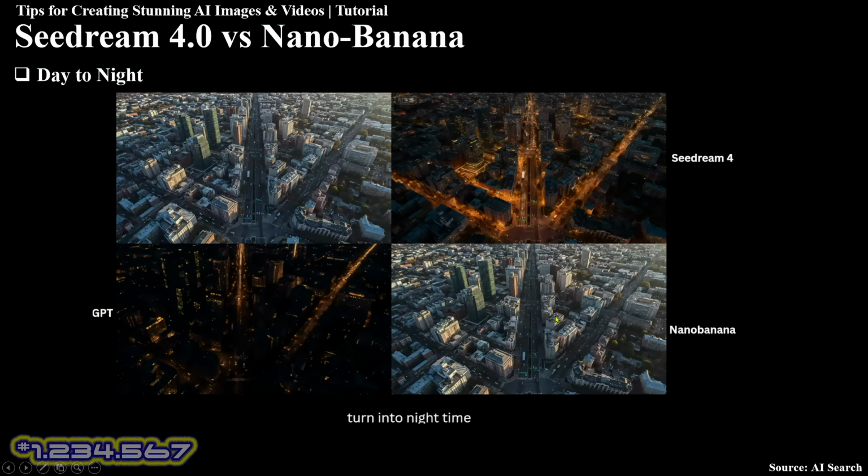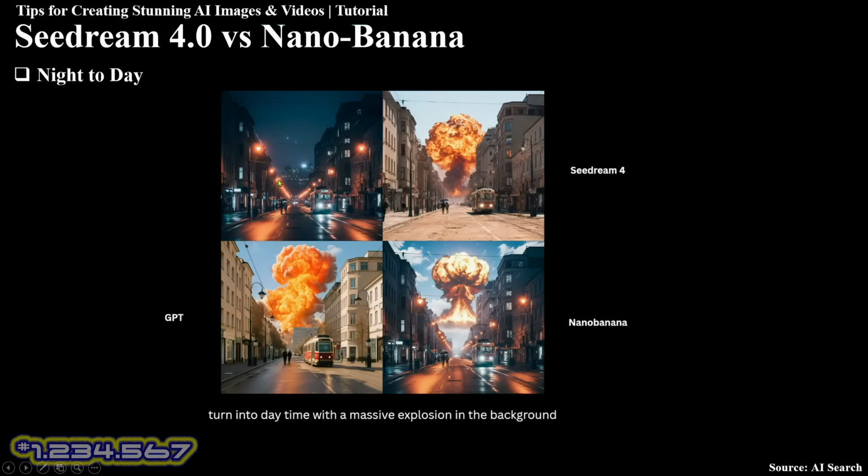Night to day. So starting from the night time that you can see over here, turn it into daytime with a massive explosion in the background. You can see the Seedream. Now we can see the birds, the people, the buildings, and it also turns off the lights and shows the explosion. Very good generation.